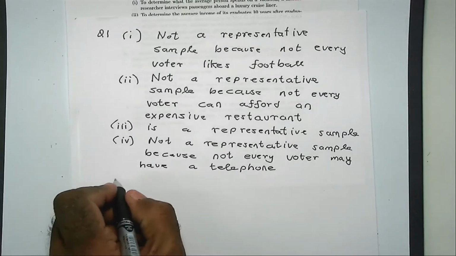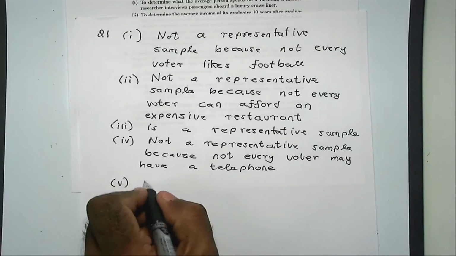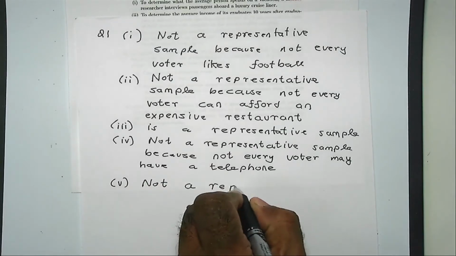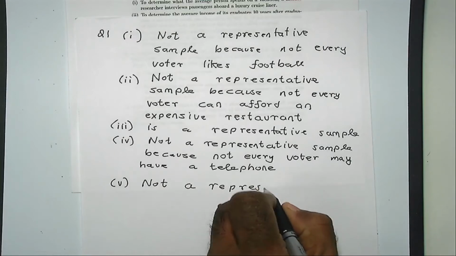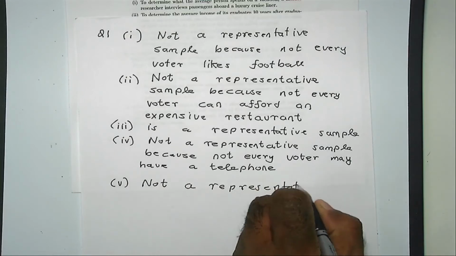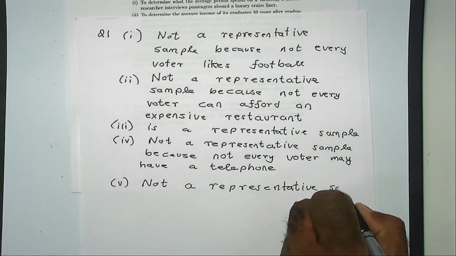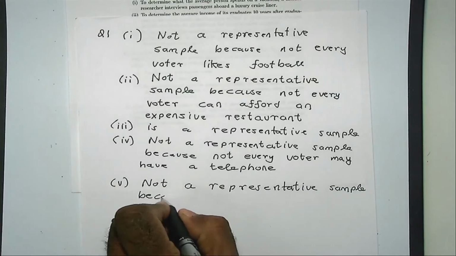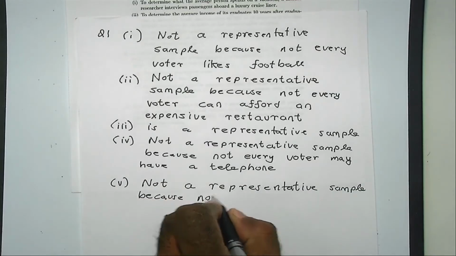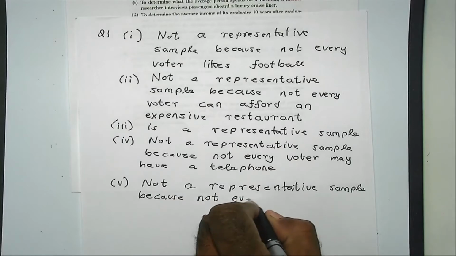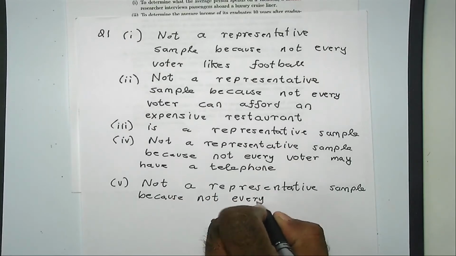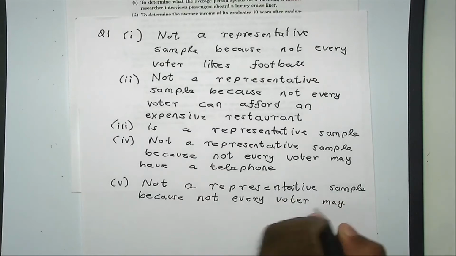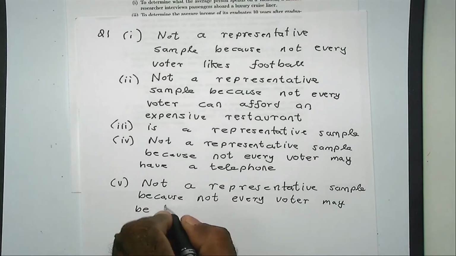For part 5, not a representative sample, because not every voter may be in the directory.